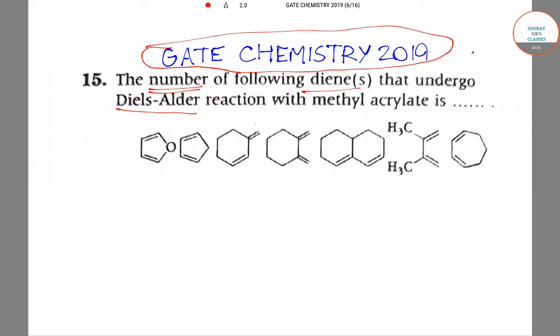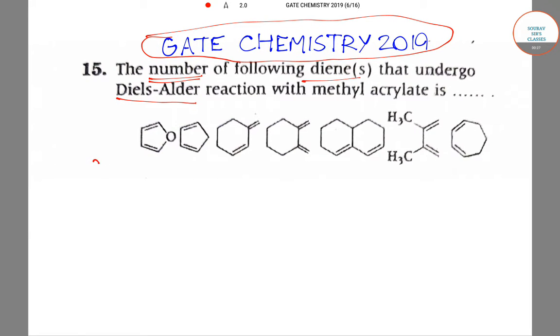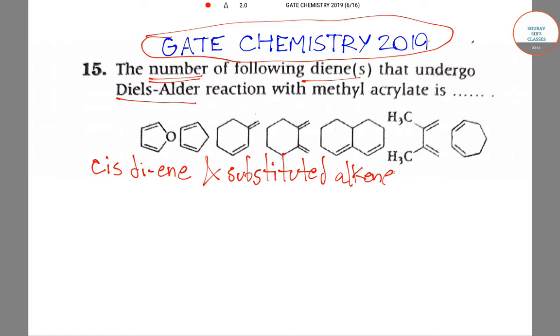Diels-Alder reaction is the chemical reaction between a cis-diene and a substituted alkene to give a cyclohexene derivative.